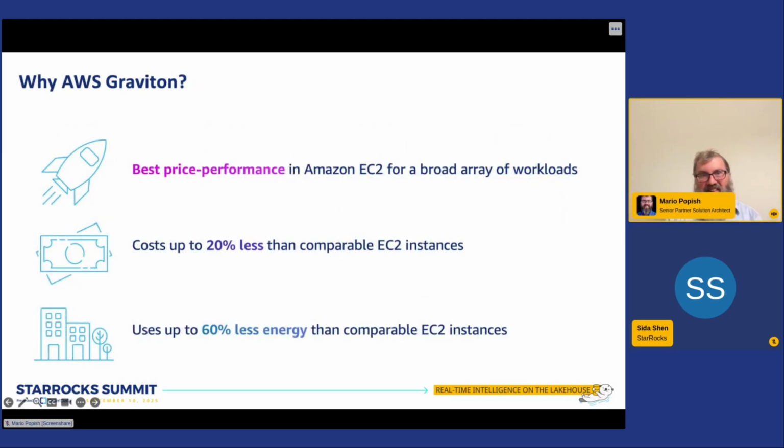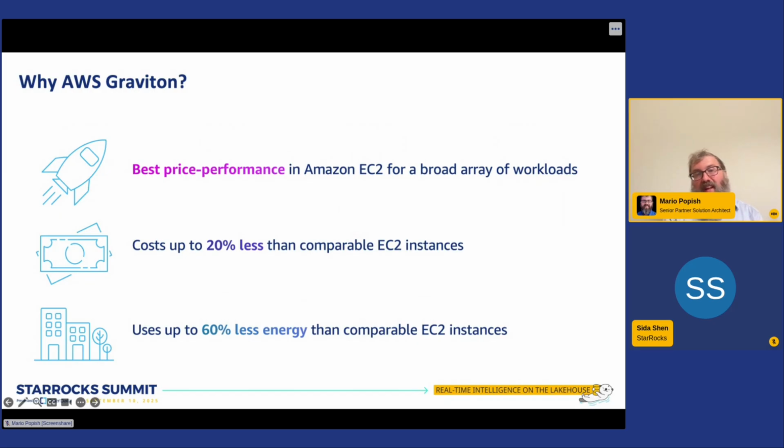So why Graviton? It offers the best price performance. You got to see some of that comparing current generation Graviton 4 and Intel instances in the introduction, but it really offers the best price performance in Amazon EC2 for a broad array of workloads.